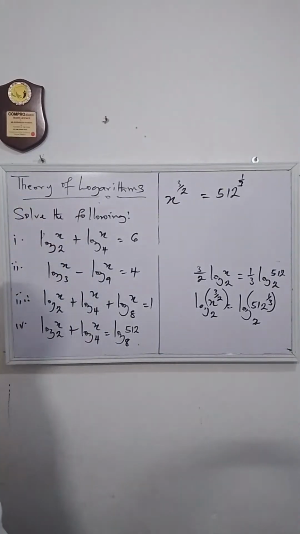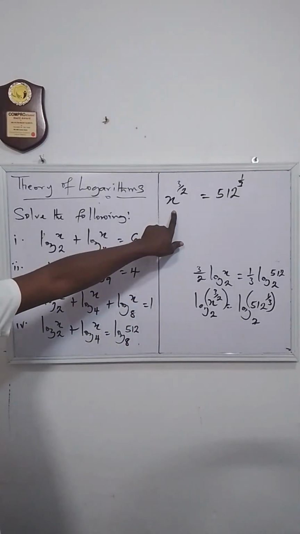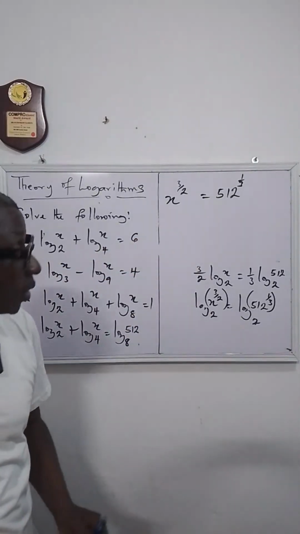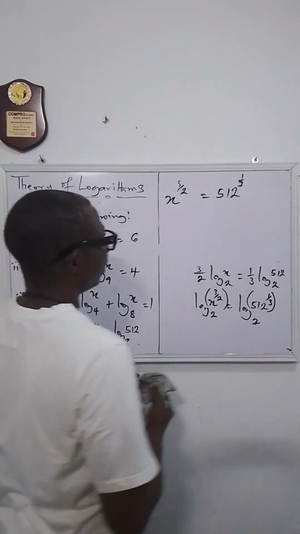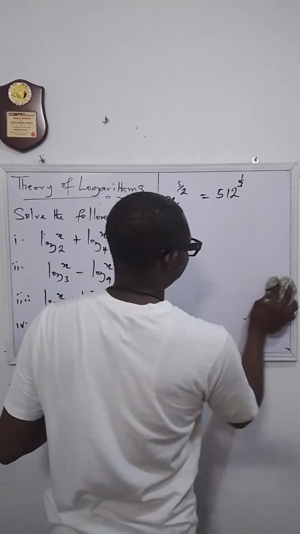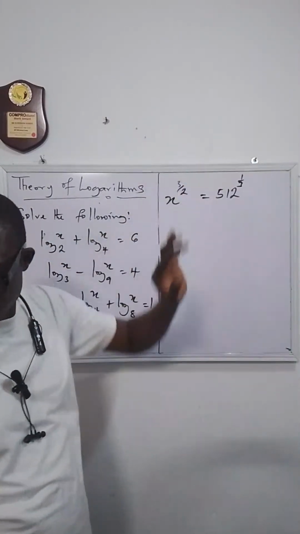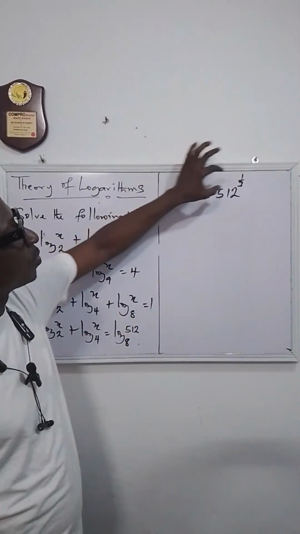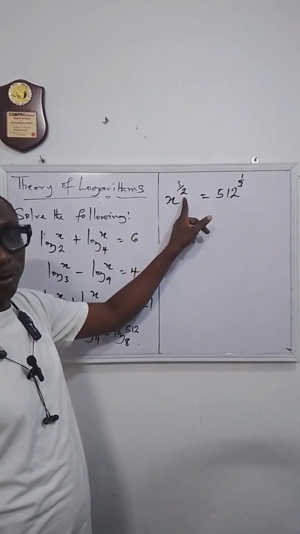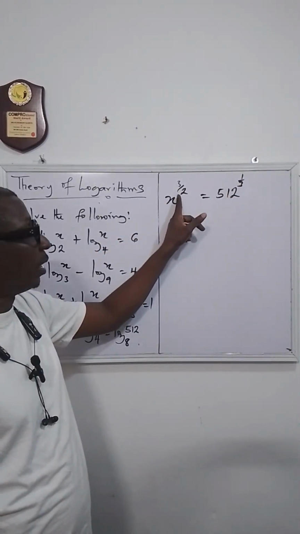So what is the next thing to do now? I want to find x. That is what I'm looking for. So let's find a way of making this power live here. I will multiply both powers by the reciprocal of the power here.